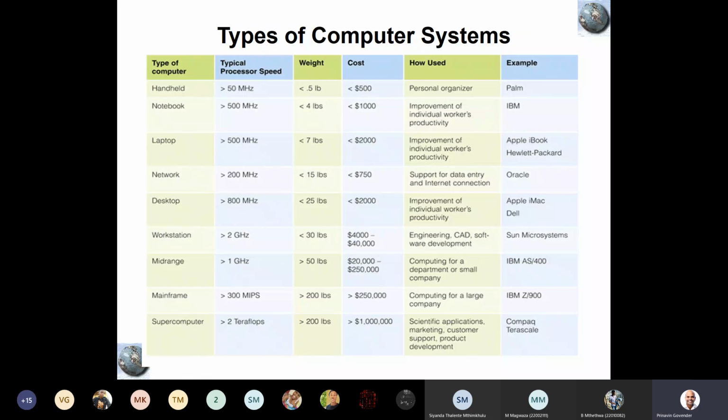We're talking gigahertz today, okay? And how many users would be able to access the computer and use it at any one time? So your laptop, you're basically looking at one person, one user. Our network computer is using at 50, 60, 70, maybe hundreds of users.